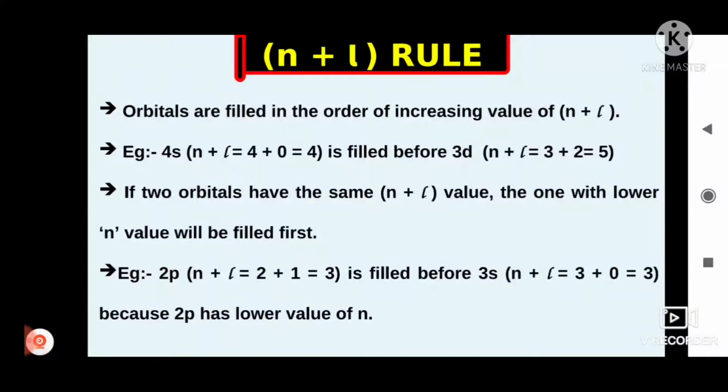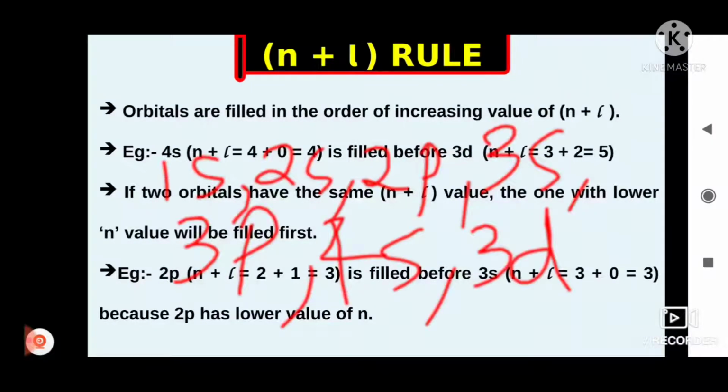We have seen the increasing order of energy of atomic orbitals: 1s, 2s, 2p, 3s, 3p, 4s and 3d and so on. Why does 4s come before 3d?